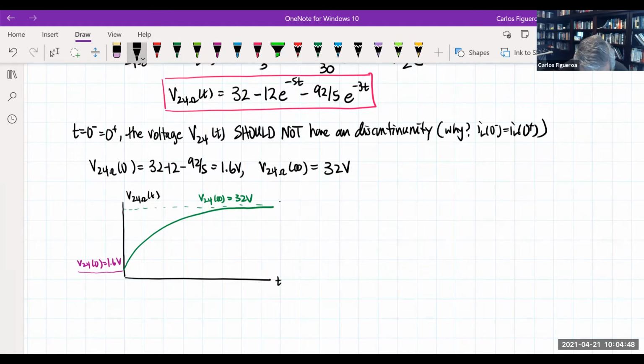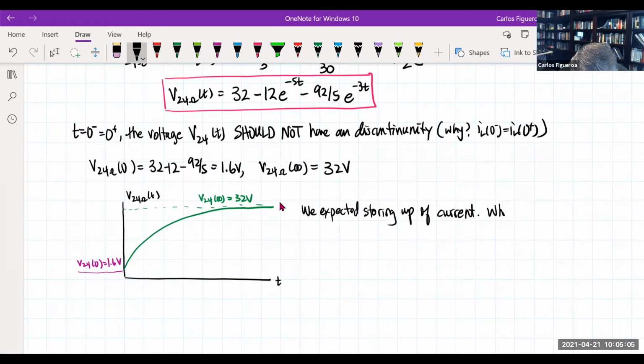Now remember what we said here, that we expected storing up of current. Why?